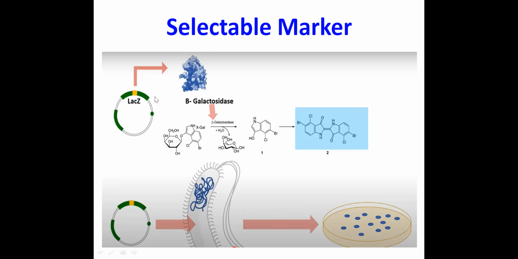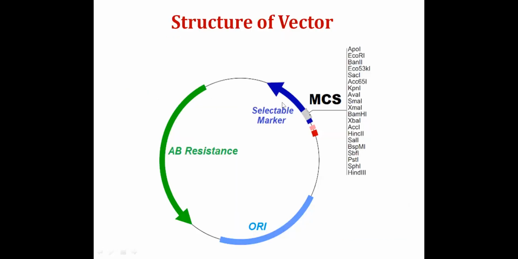If this gene is complete, meaning there is no insertion of any foreign DNA or your gene of interest, the gene is not interrupted. So the vector will code the complete protein, the beta galactosidase, which will convert X-gal into the blue color molecule.